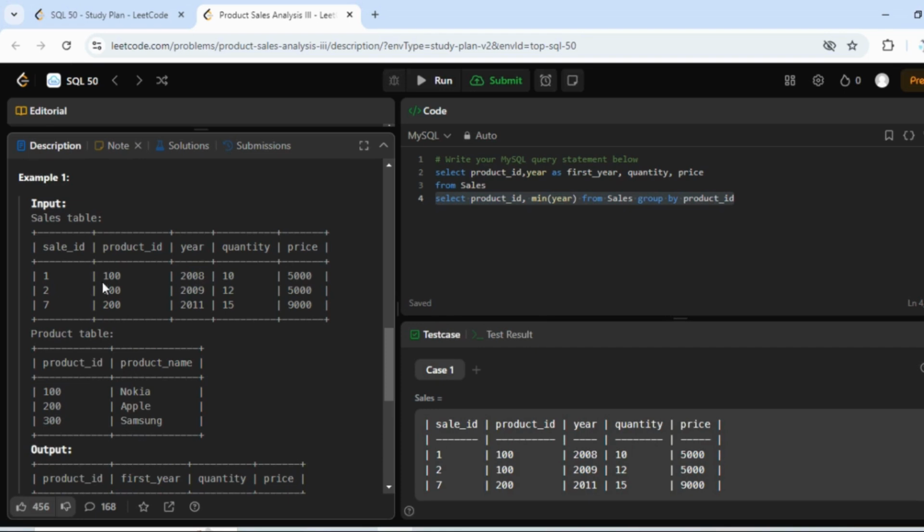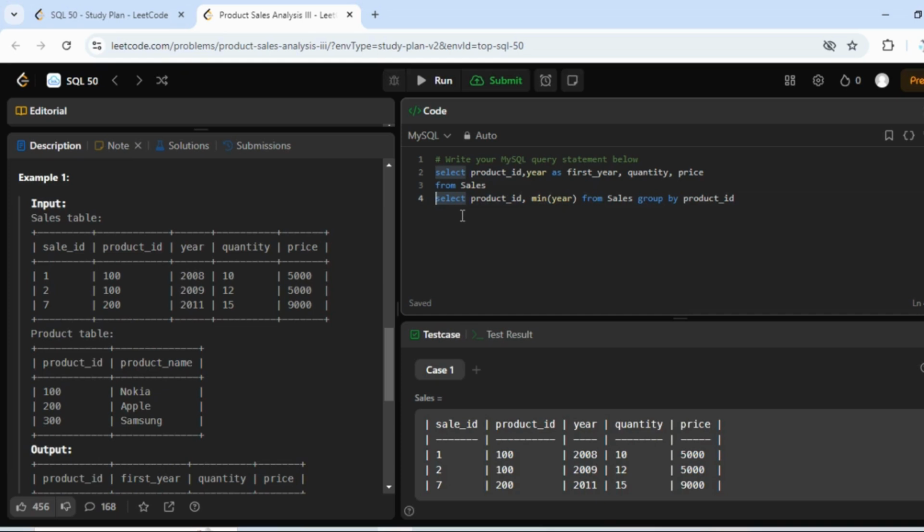Obviously 2008 is the minimum, so it will take that value. Similarly, for product ID 200, since we don't have any other row, it will take 2011. So where I have more than one row for a particular product, the minimum value of year will be taken. This query basically deals with that.